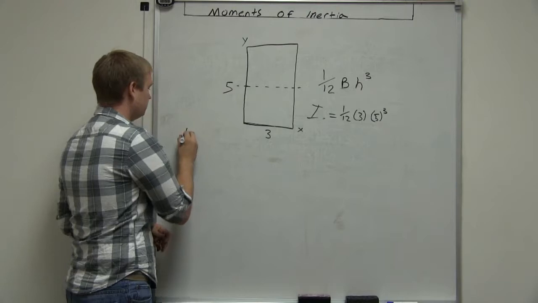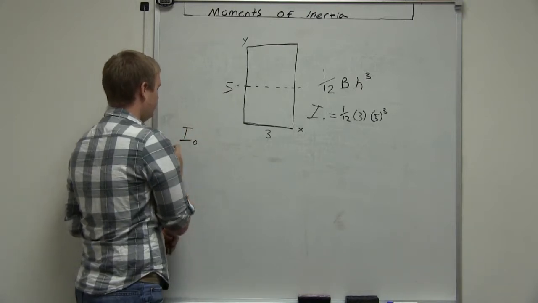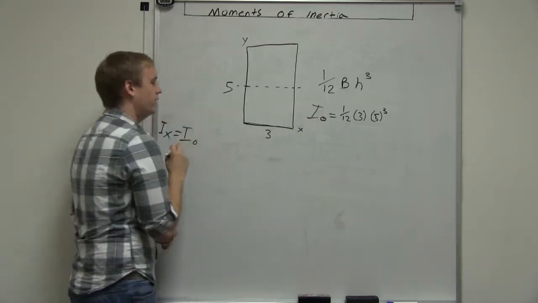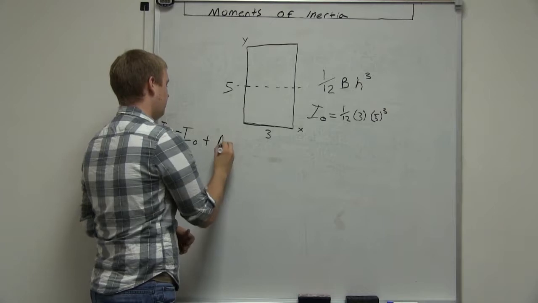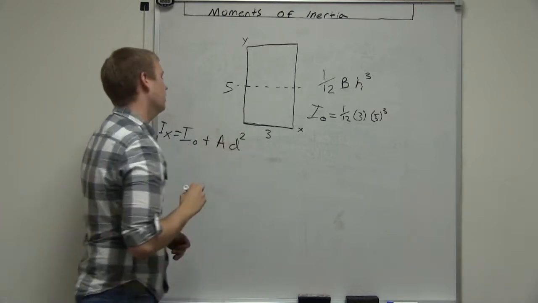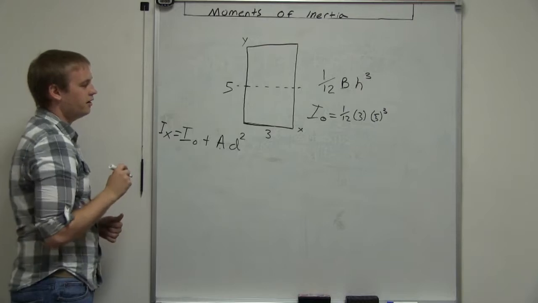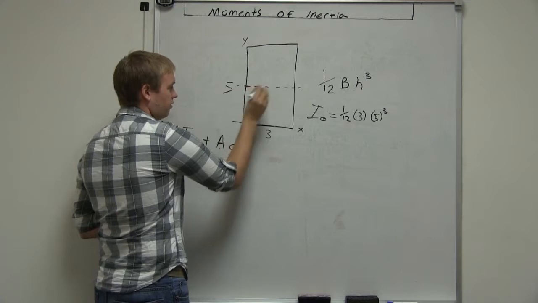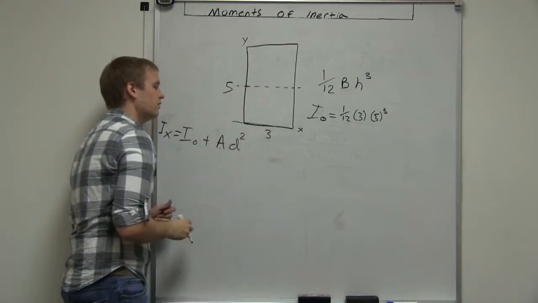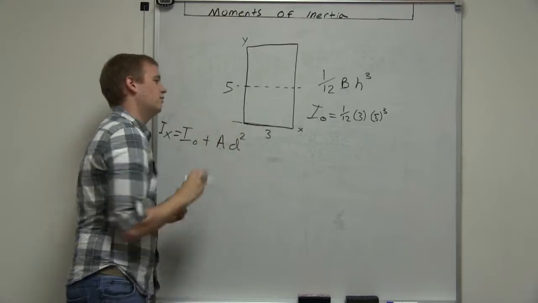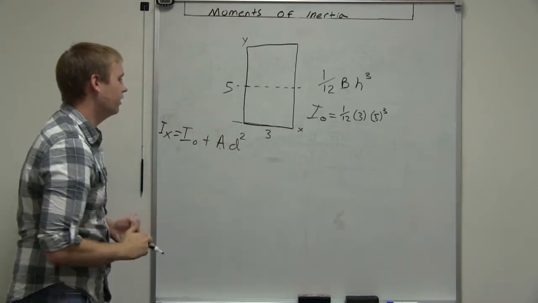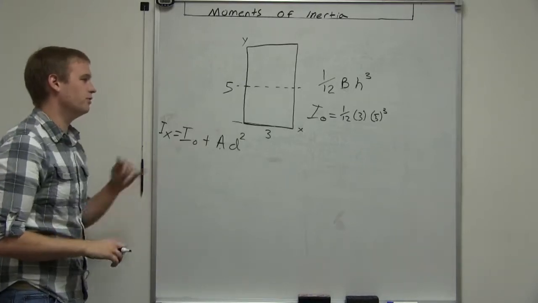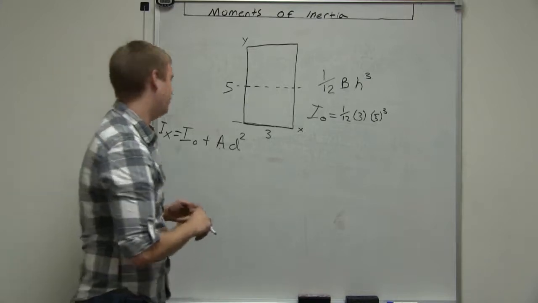So I'm going to say I_x, the moment about the x-axis, equals I naught, which is over here, plus A d squared. So plus the area of your object times the distance between your axes squared. Then you just add it to your original moment of inertia, and that is the answer.